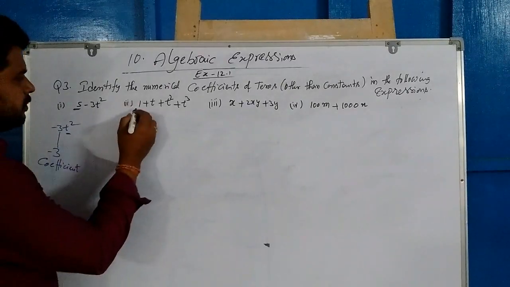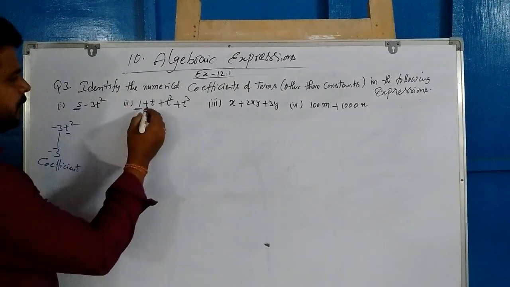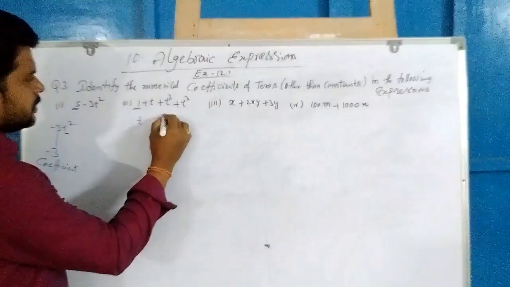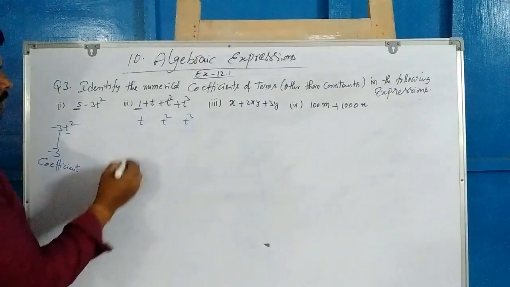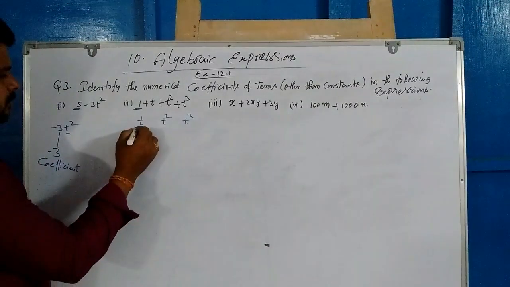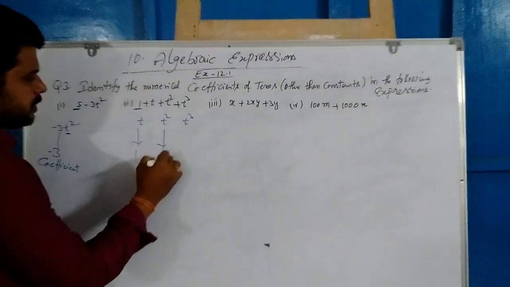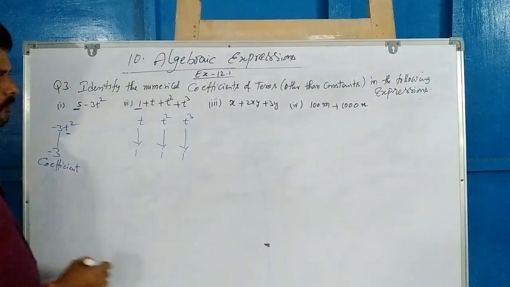Same like first, the second one. 1 is the constant value. So remaining terms, what are the terms? t, t square, t power 3. So t is multiplied with 1, so this one also has coefficient 1. t square coefficient also 1. t power 3 coefficient also 1.